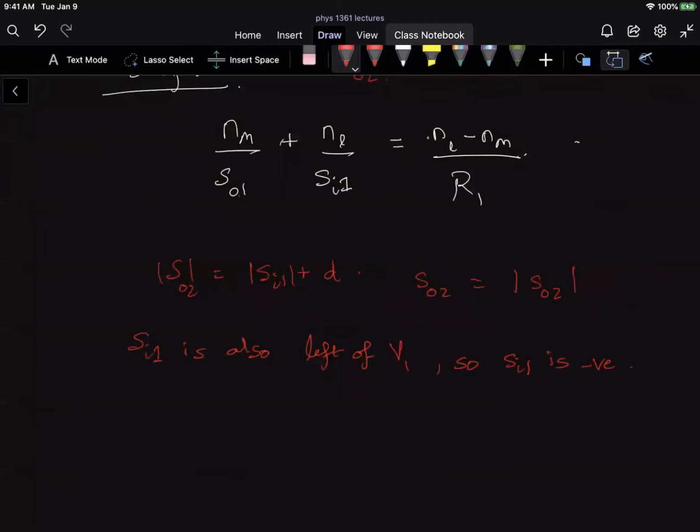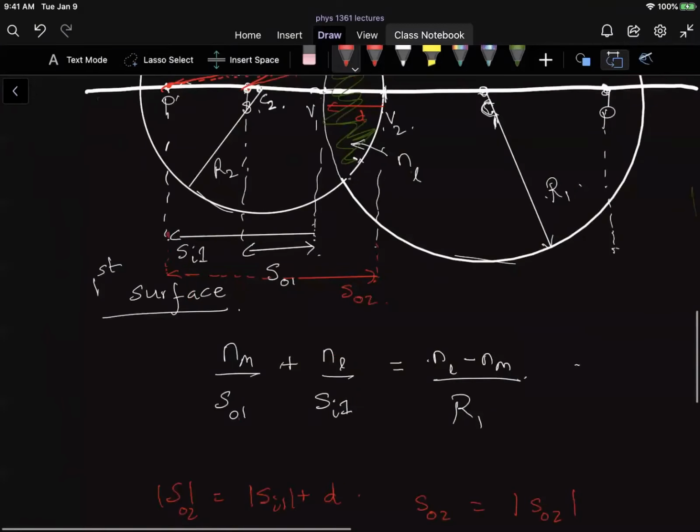Therefore SI1 must be written as minus its magnitude. And therefore, if I substitute now, SO2, which is equal to its magnitude, is equal to minus SI1 plus D. I hope that's clear.